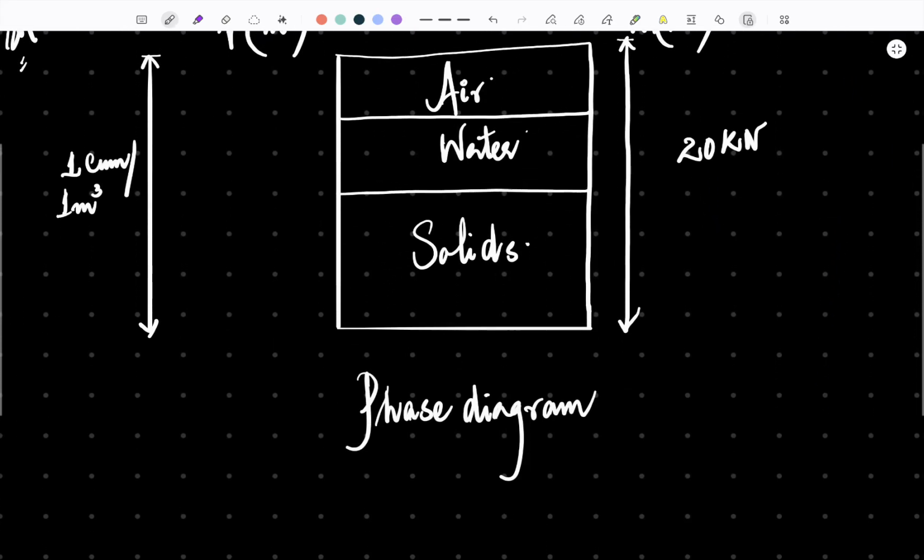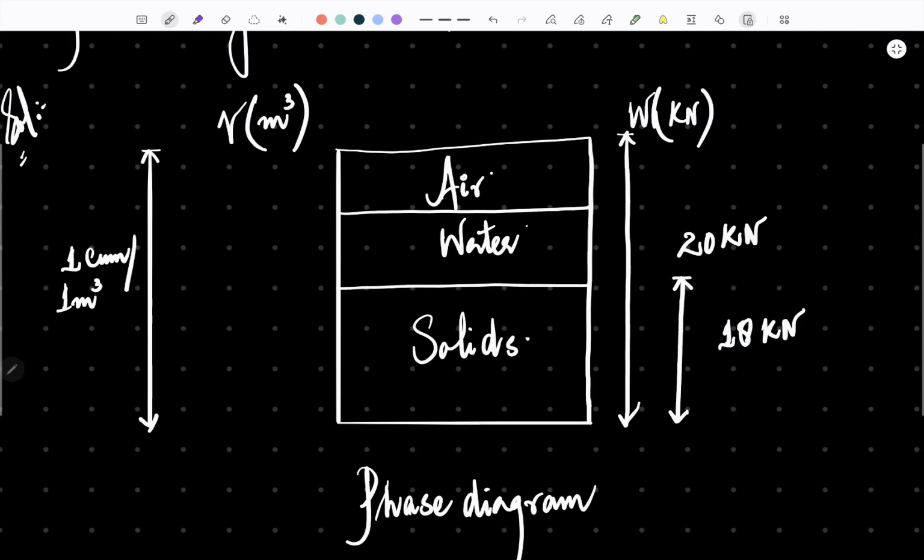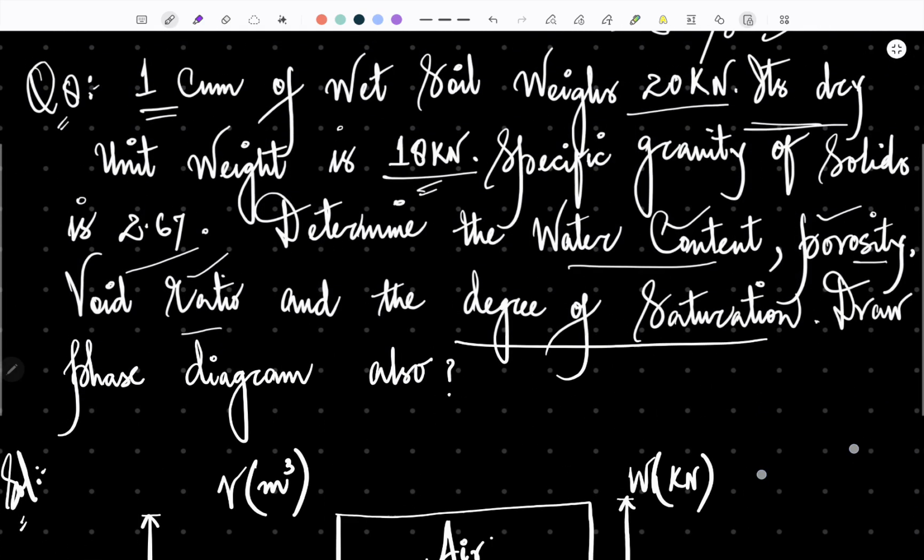Though this diagram has not been made to scale, that's why this may seem quite unproportional. So this is the dry unit weight, which is 18 kilonewton. That means the weight of the soil solids is 18 kilonewton.